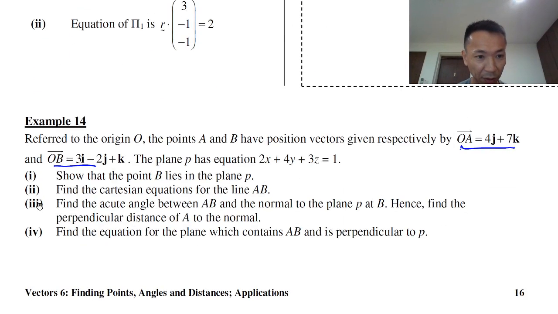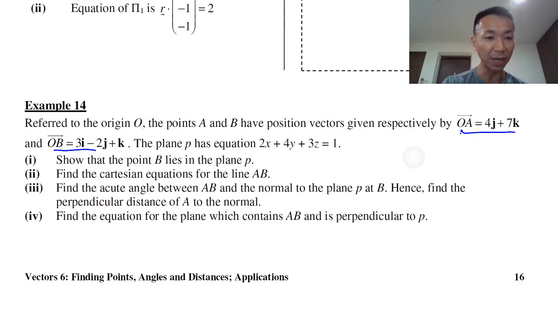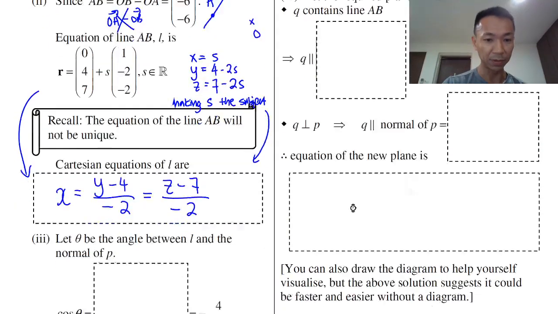Example 14, third part. Find the acute angle between AB and the normal of the plane at B. So, to find the acute angle between a line and the normal, I think we just learned it in vector 6. So let's practice what we have learned. All right.